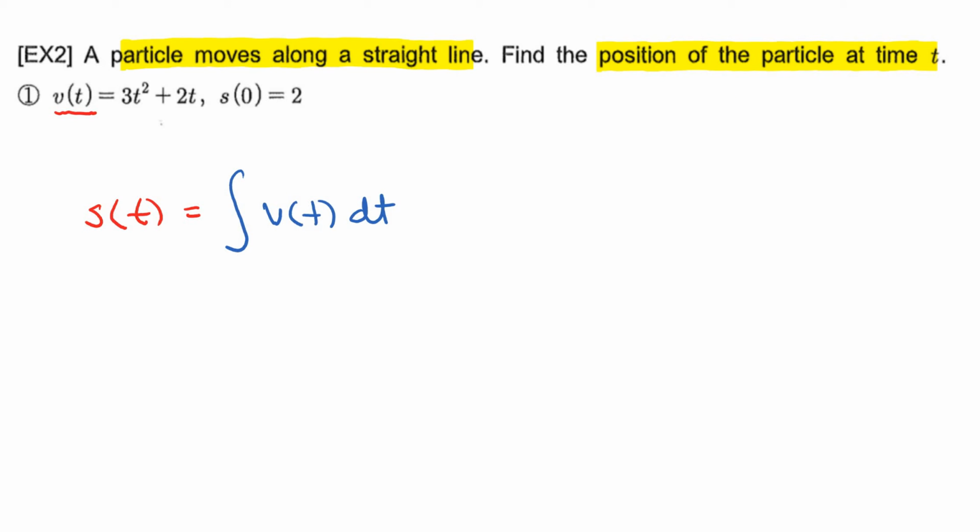Let's set this up now. This is the integral, and my velocity function is 3t squared plus 2t, and this is in terms of t, so I need a dt here. Then let's find the antiderivative.